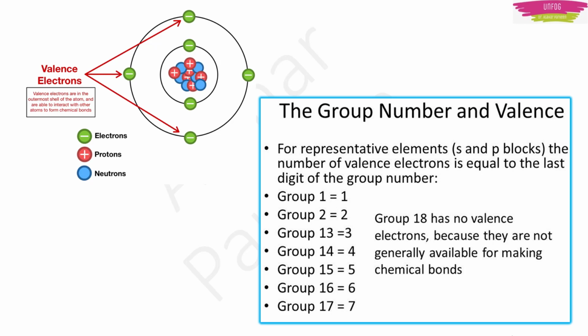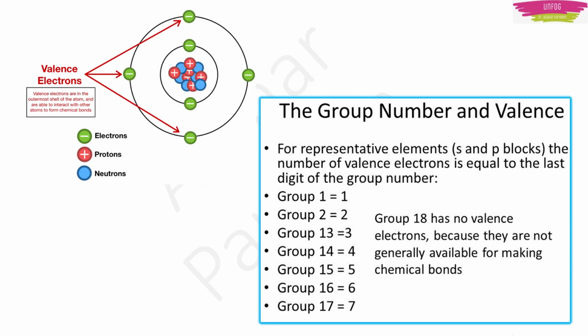Now these valence electrons will give you the valency of the atom, right? Now how many valence electrons are present in that atom will also give you the group number of that particular element. Okay, so the valence number and the group number are the same. Okay, for representative elements, S and P blocks, the number of valence electrons will be equal to the last digit of the group number.